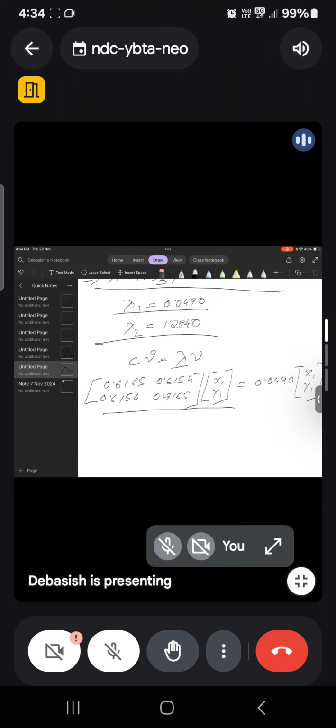For the first eigenvalue we will calculate the eigenvector.